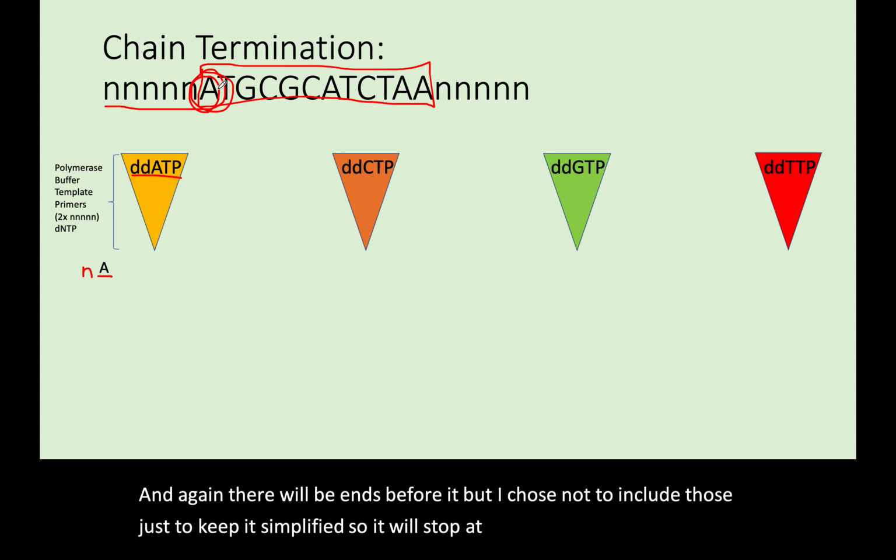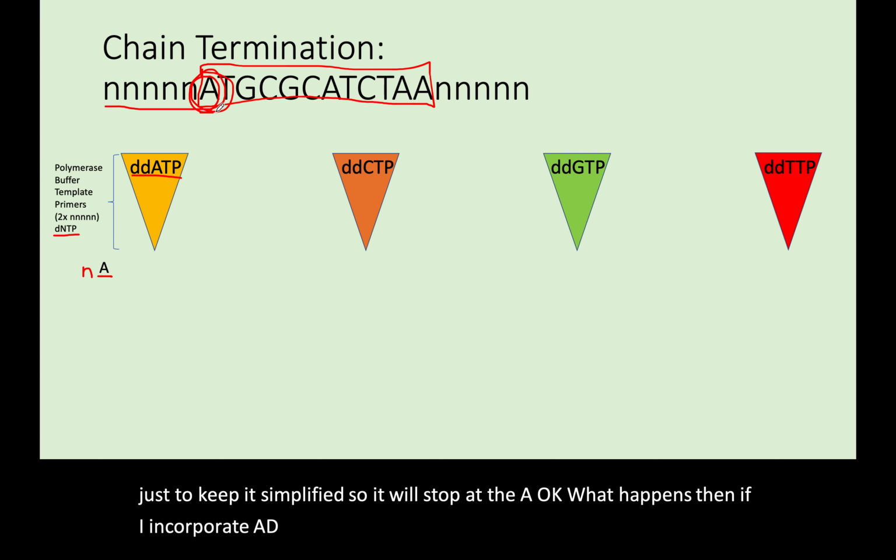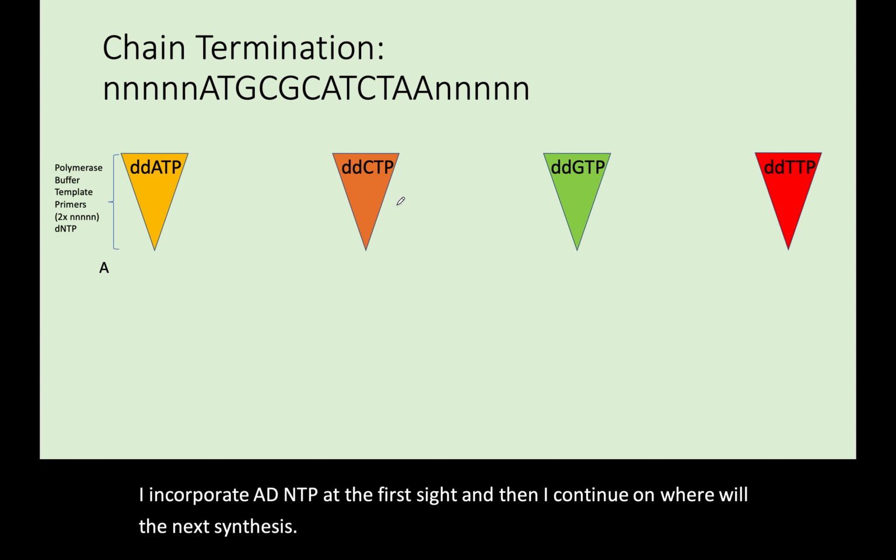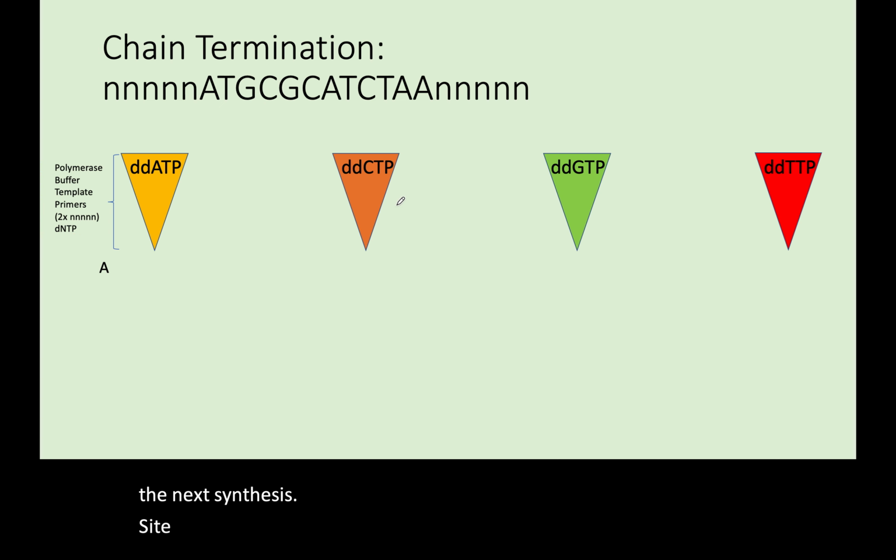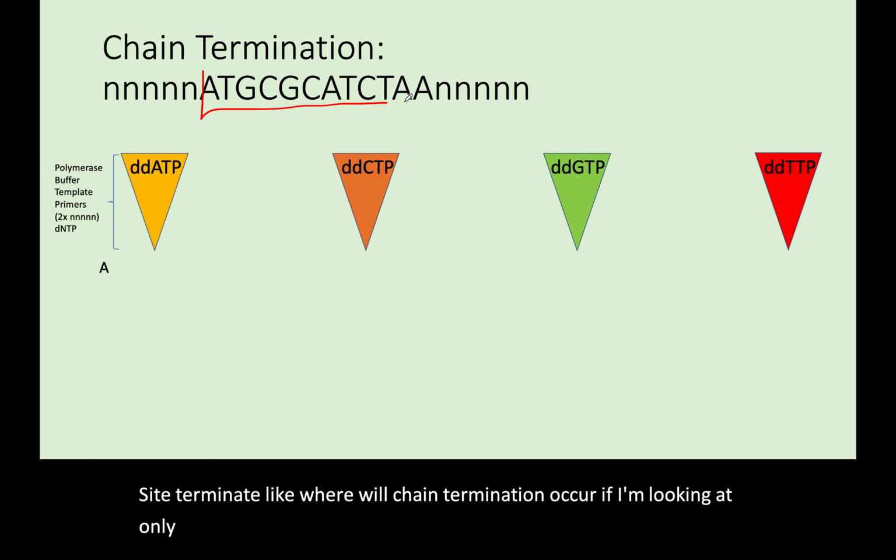Okay, so what happens then if I incorporate a dNTP at the first site, and then I continue on? Where will the next chain termination occur if I'm looking at only these 12 nucleotides? Remember, only these 12.